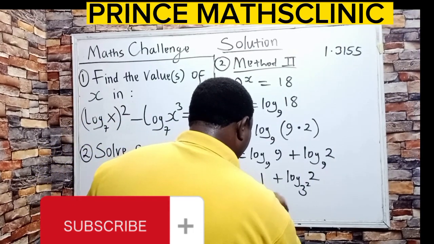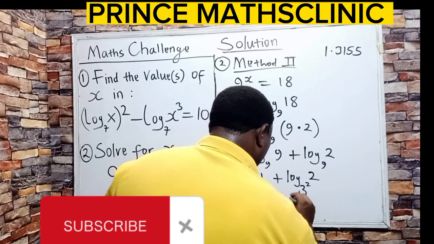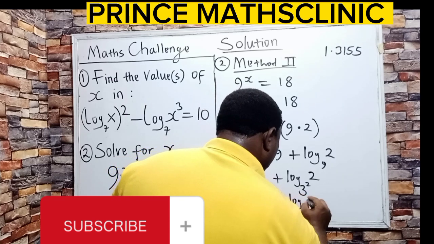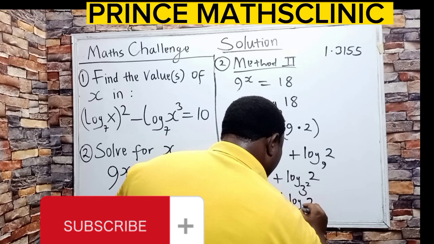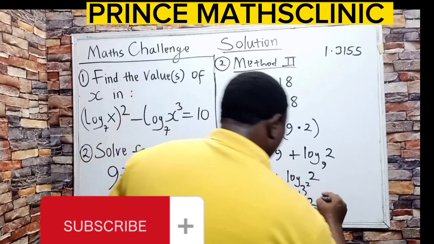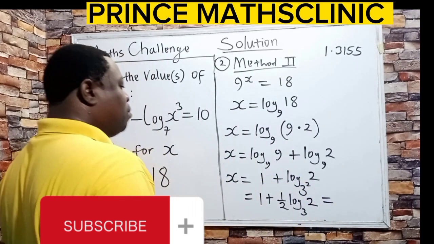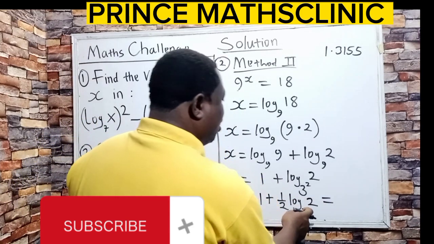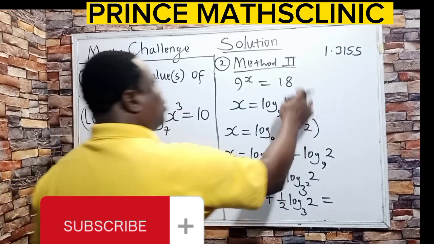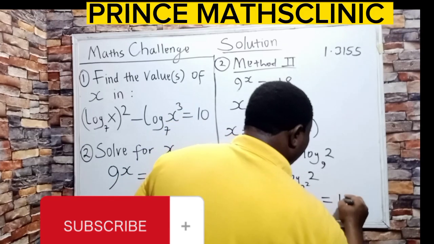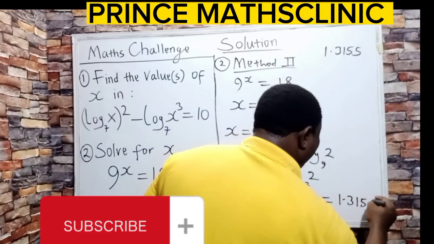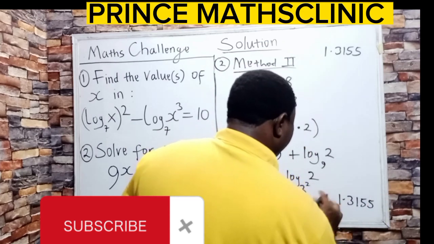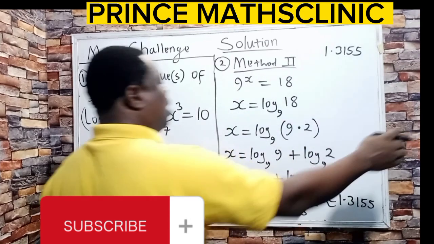So this becomes 1 plus 1 over 2 log 2 base 3, which we found from our calculator that log 2 base 3 multiplied by half plus 1 gives us 1.3155. Let's put approximately, right?